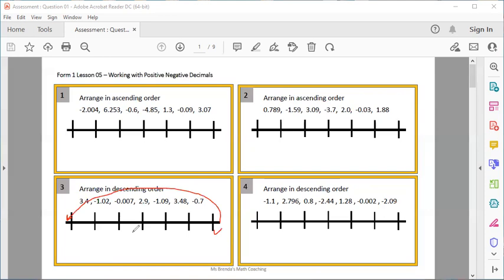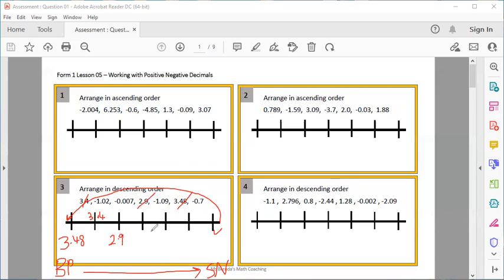In other words, you have to change your mindset from a big positive number to a small negative number. It's going down this way. So what's the biggest positive we had? We had 3.48, remember? And then we had 3.4. And after that, we had 2.9. Okay, this is easy.